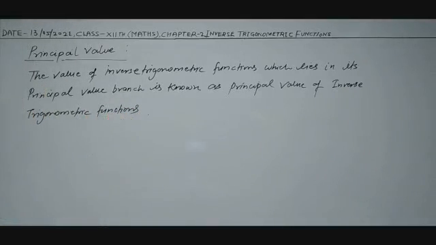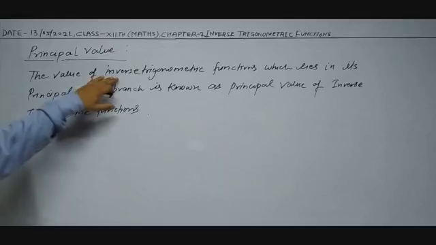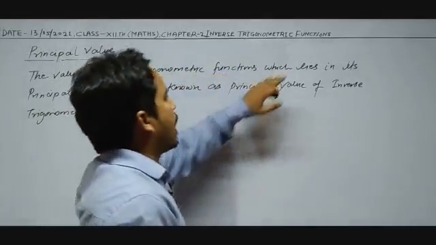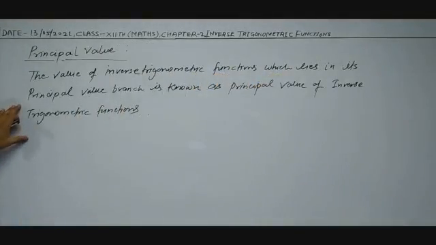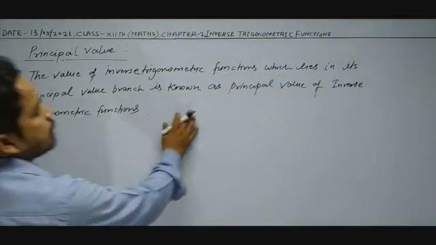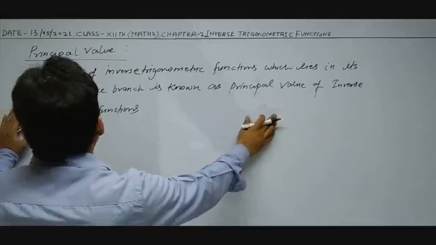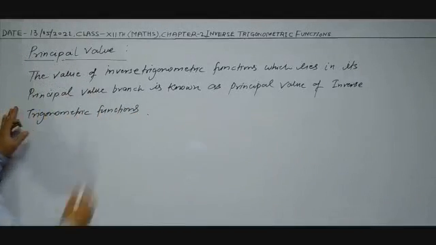So this is the definition of the principal value of an inverse trigonometric function: the value of an inverse trigonometric function which lies in its principal value branch. This is known as the principal value of the function.